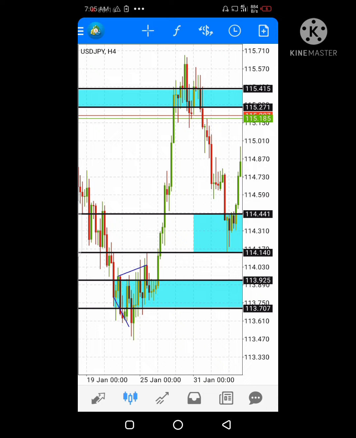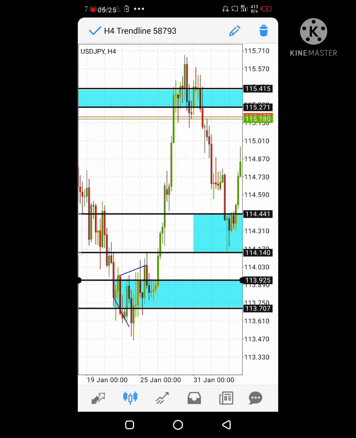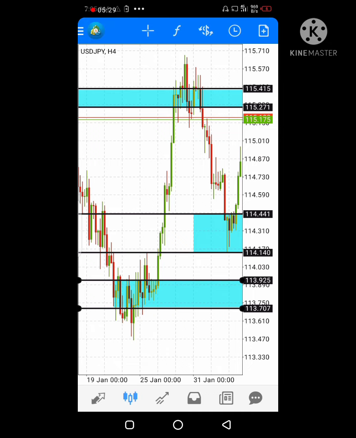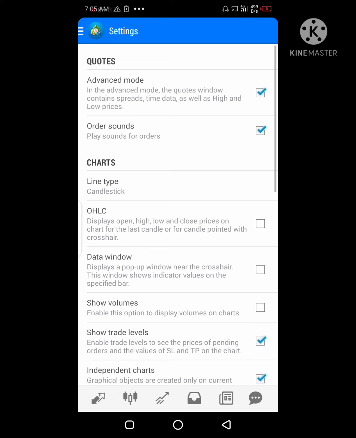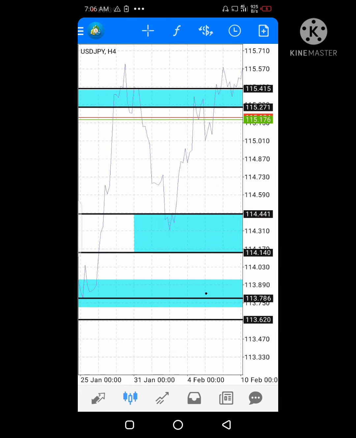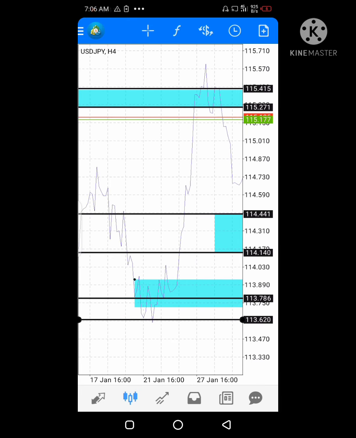So what you're just going to do is look for a possible entry, which is we'll reduce this area from this point to this point. You can check it up in the line chart to confirm it. So from that point to this point will be our entry.